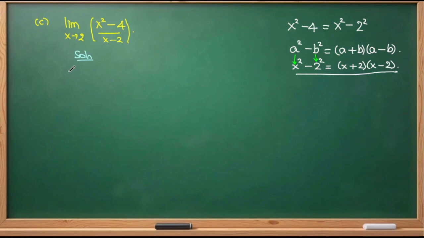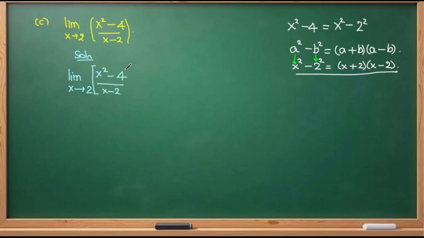So we have our limit as x tends to positive 2 of x squared minus 4 over x minus 2.